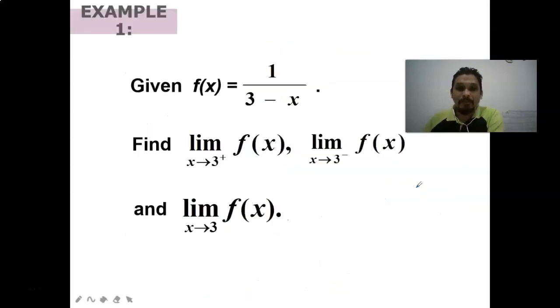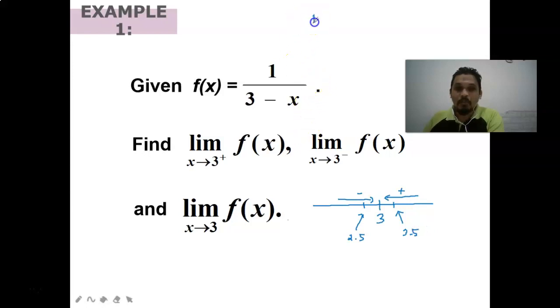Now 1 over 3 minus x, limit as x approaches 3 from the right side and also from the left side. This is 3, so approaching 3 from the left side and approaching 3 from the right side. I'll take one simple example here, let's say 2.5, and also here let's say 3.5.